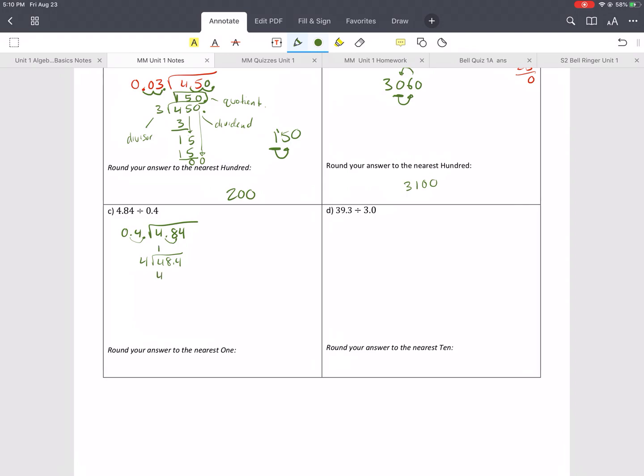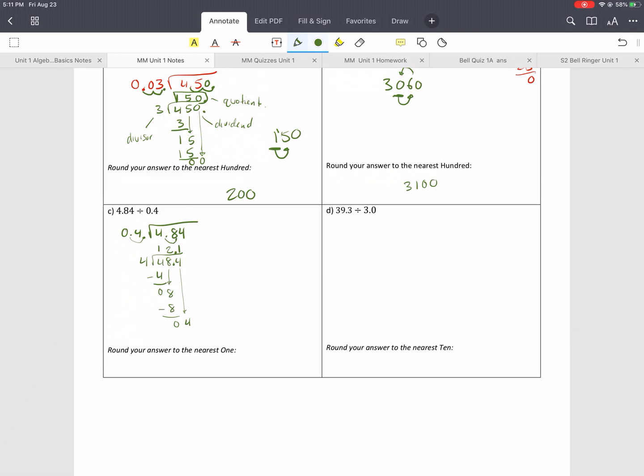Once. Bring down the 8. How many times does 4 go into 8? 2, because 2 times 4 is 8. That gives us 0. Bring down the 4. And that goes in 1 time. So keep that decimal, bring that straight up, and that's what we would get, okay?